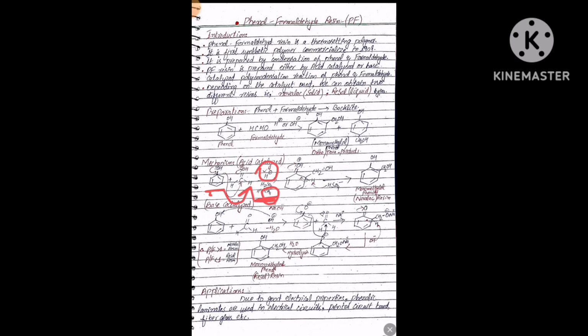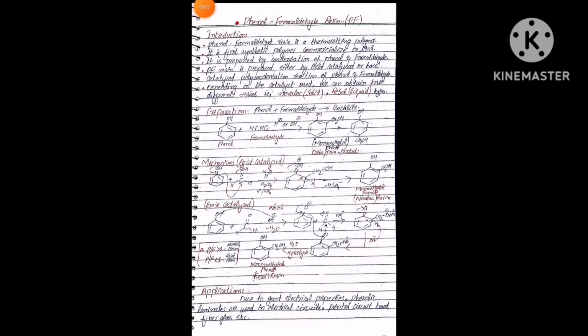First of all, in this phenolic group the oxygen has a lone pair which comes and is converted into a double bond, and this double bond will attack this carbonyl carbon and the pi bond shifts towards this oxygen.